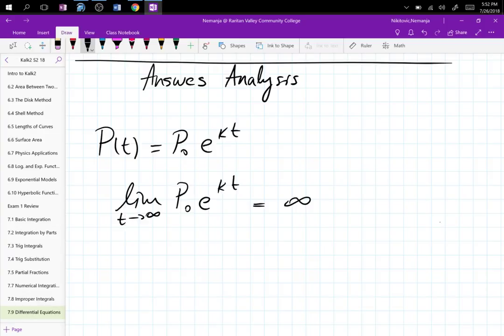But if you let time grow without bounds, it does suggest that the population becomes infinite. And you know that that is not the case. Because I don't care how much time passes. Well, there is expiration date on the planet, but whatever time passes, you will always have the same size object.